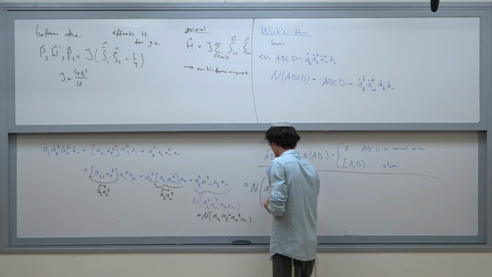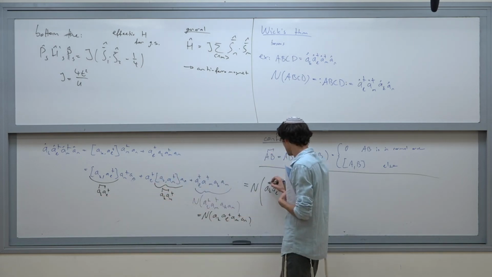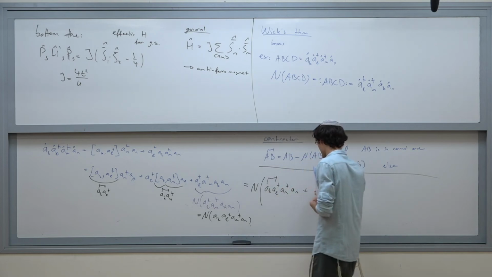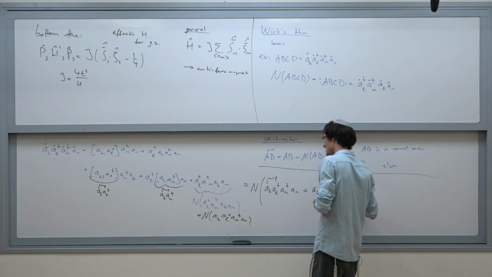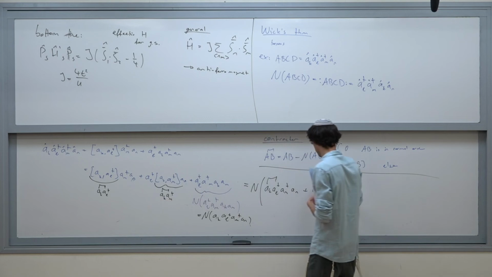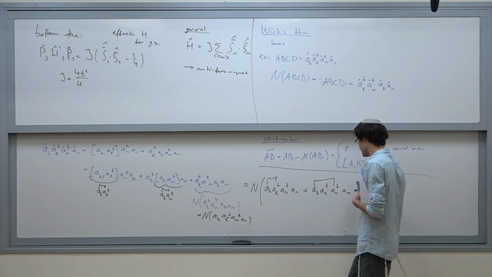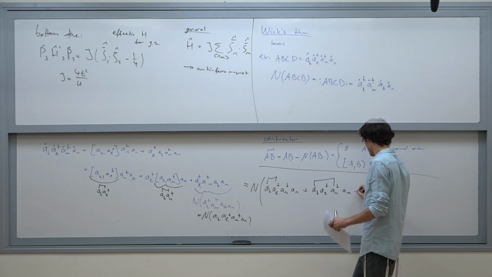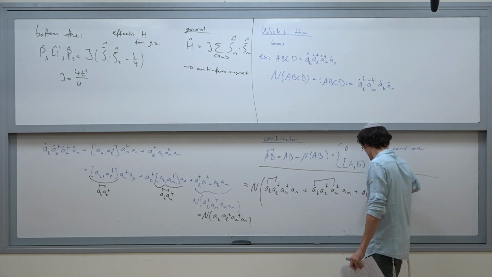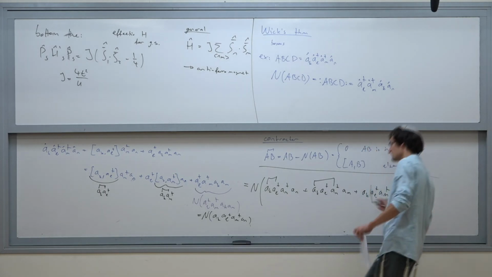So this is equal to a_k a_l† a_m† a_n where I've contracted K and L, plus a_k a_l† a_m† a_n where I've contracted K and M, plus what we had in the beginning, a_k a_l† a_m† a_n, closed normal order.